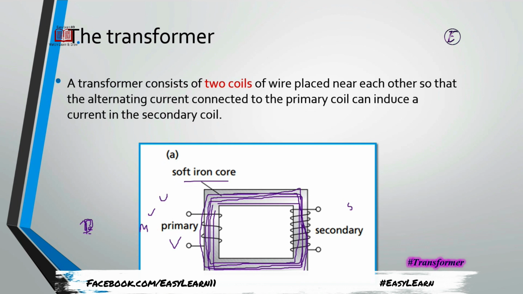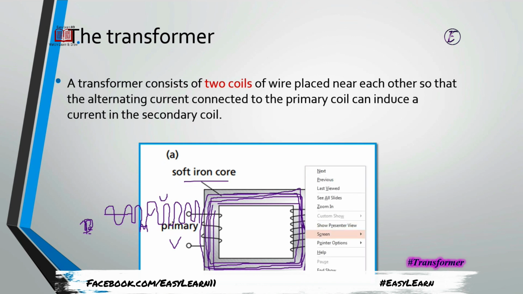The magnetic flux is generated in the primary coil because we connect the source, which is alternating current. That means the alternating current is changing its polarity with the passage of time. So when it is changing its polarity, it means that a changing magnetic flux is induced in the soft iron core.